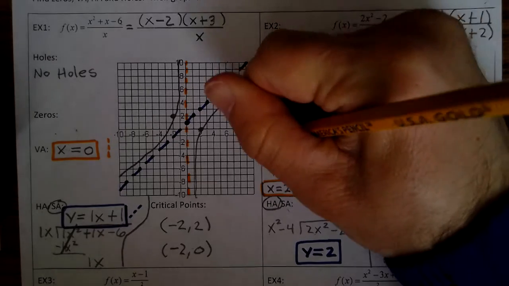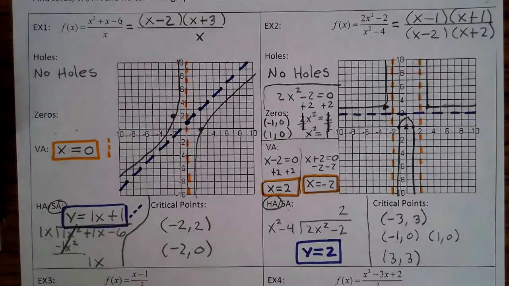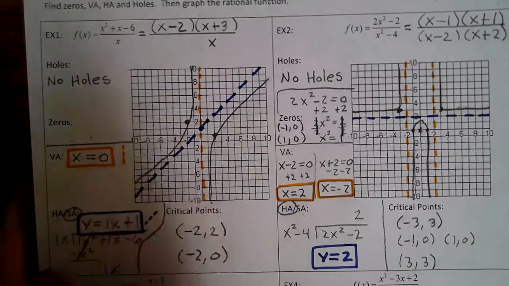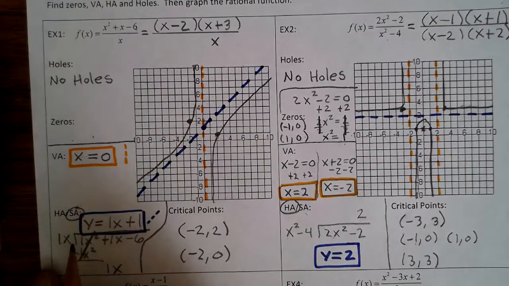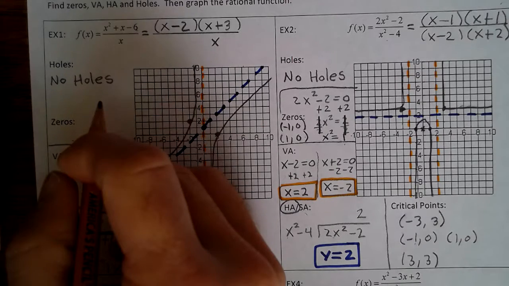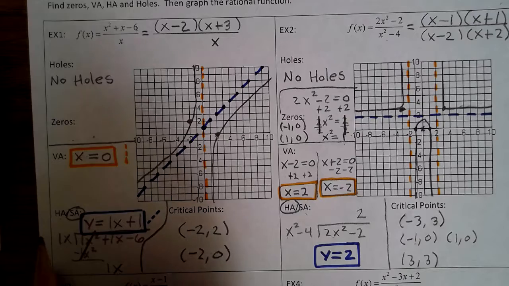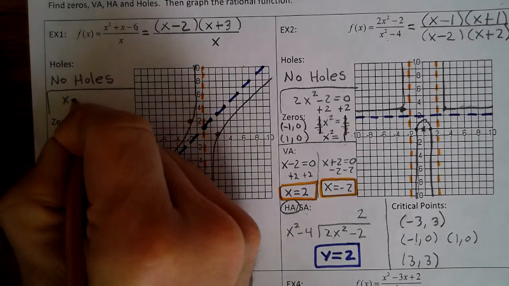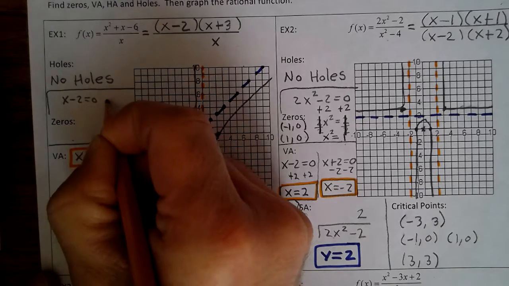Now let's go back to example 1 to find the zeros. We set the numerator equal to 0. So x minus 2 equals 0, x plus 3 equals 0. We add 2 to both sides, so x equals 2.